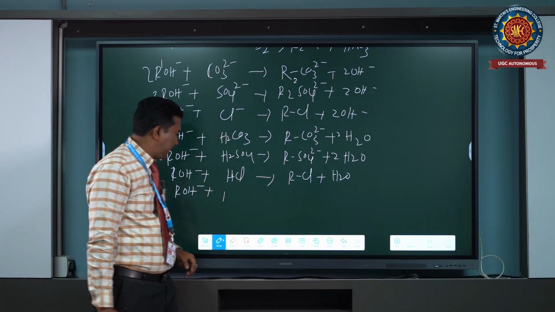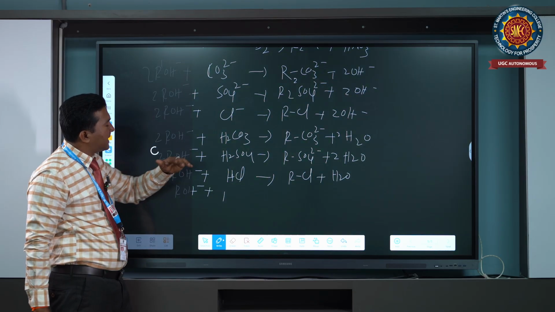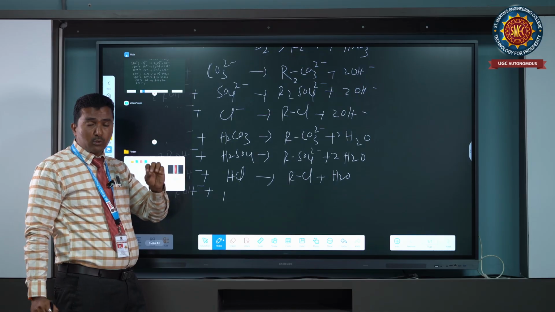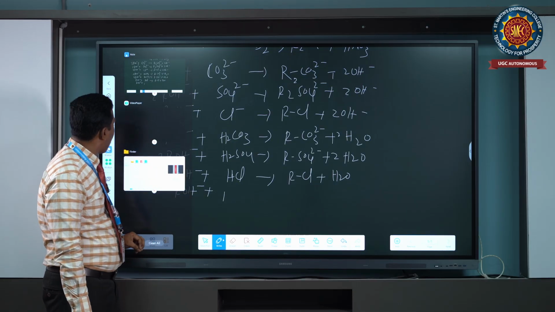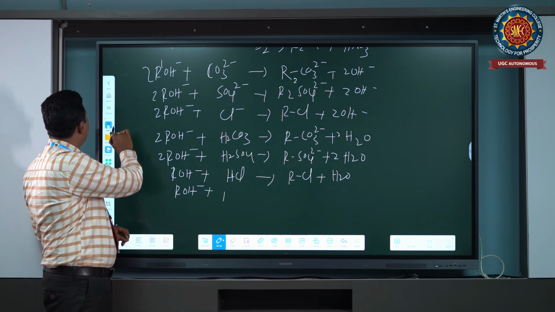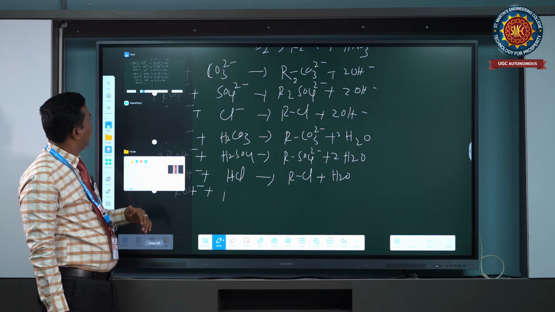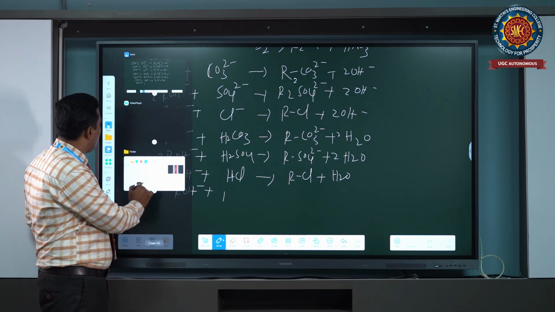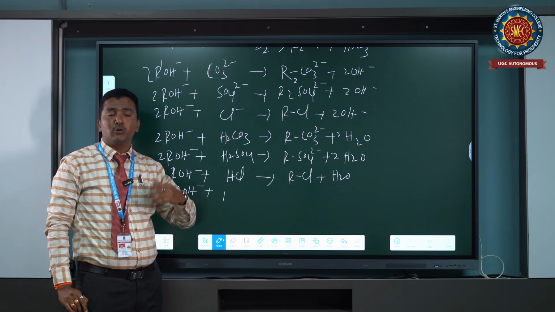Again, how do we regenerate in this process? For regeneration, we have to use one of two solutions. In cation exchange reagents, we mainly use HCl solution, and in anion exchange reagents we use NaOH solution.